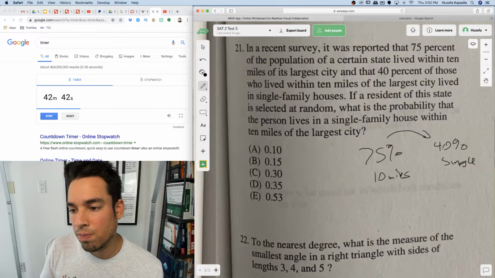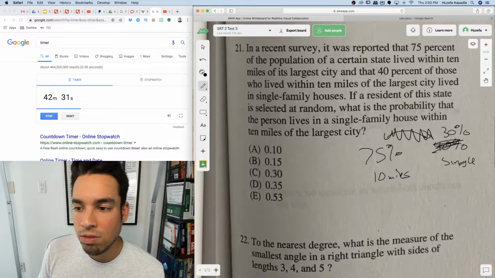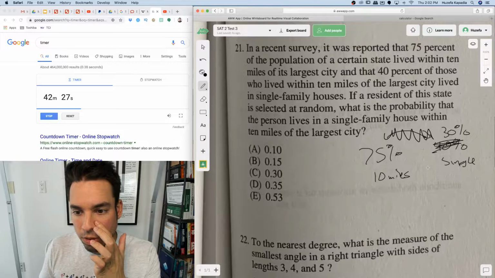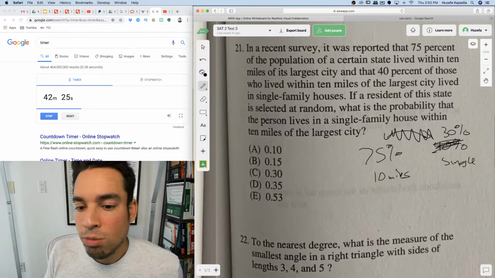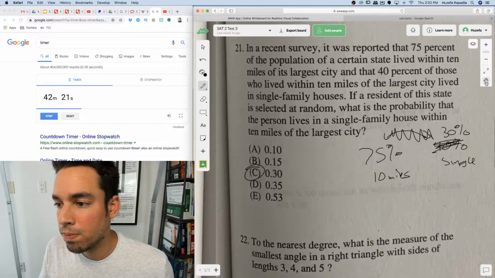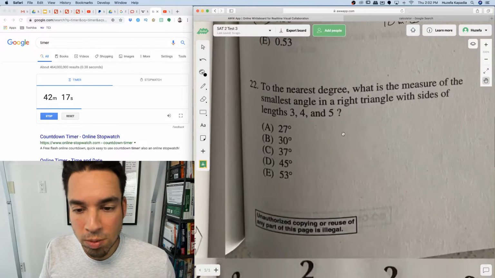So I'm going to change this to 30% of the total. So this is no longer 40% of this, it's just 30% single-family house. If a resident in the state is selected at random, what is the probability that the person lives in a single-family house? It's 30%. I already did it. Let's do a better circle. Which is the same as 0.3 probability, same as the decimal.